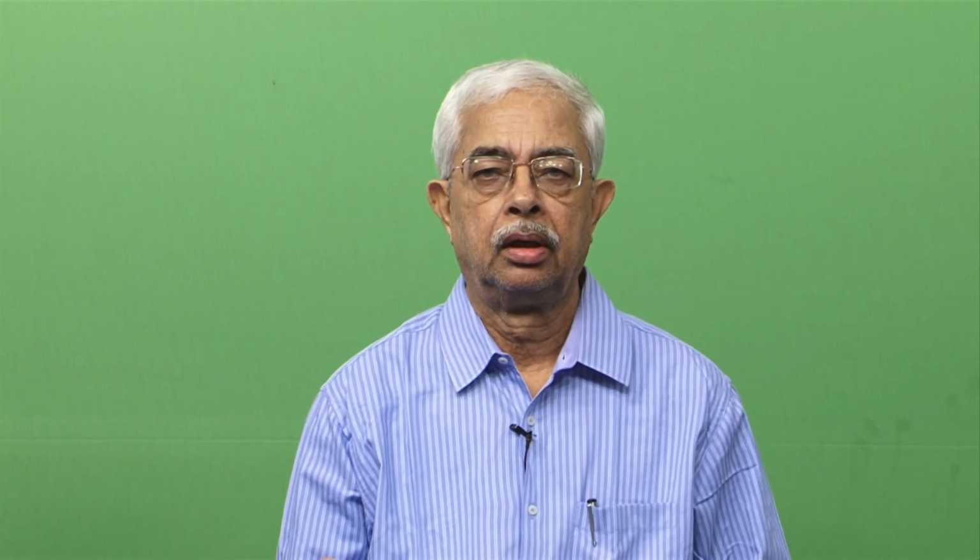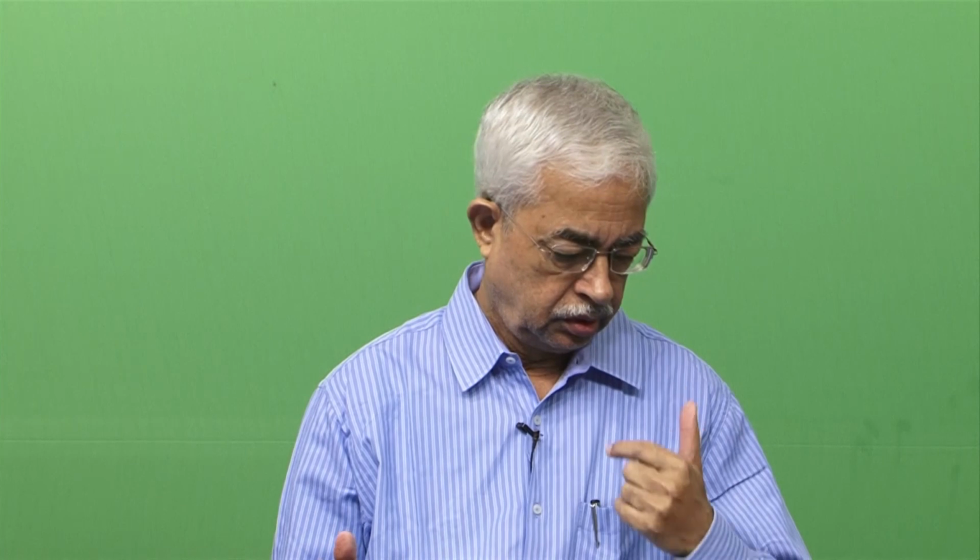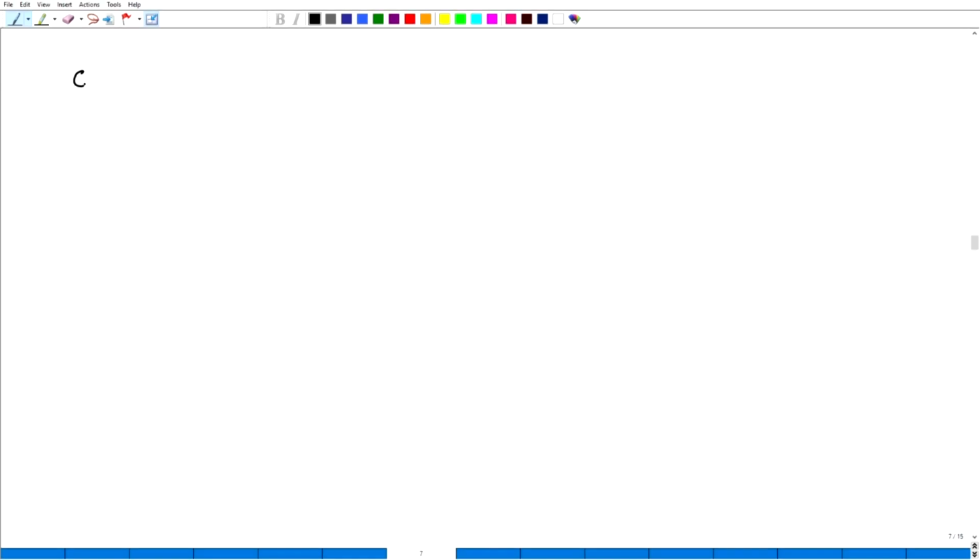Morning, we have been discussing macrobicyclic cryptands. So, today we will discuss another type of compounds where you have bridged aromatic hydrocarbons. They are called cyclophanes.